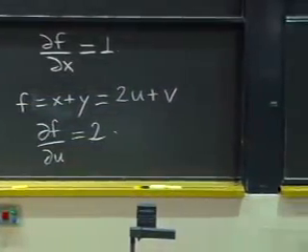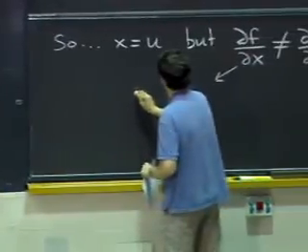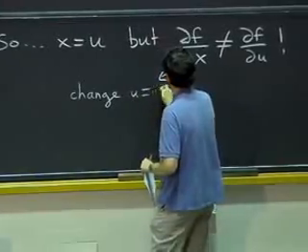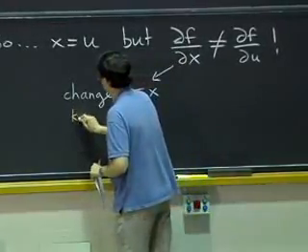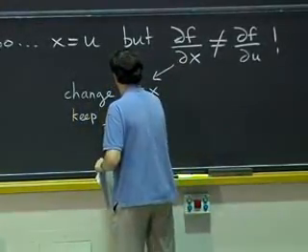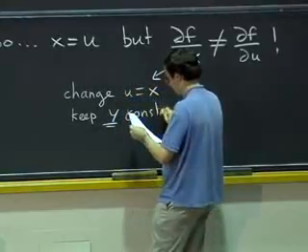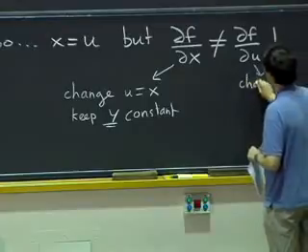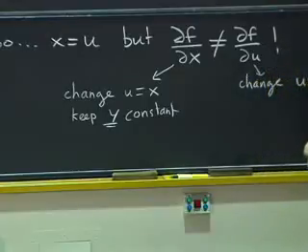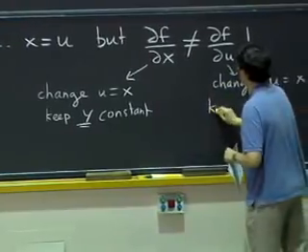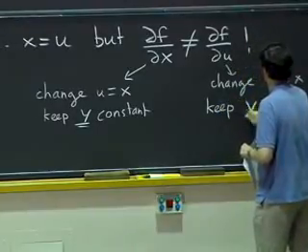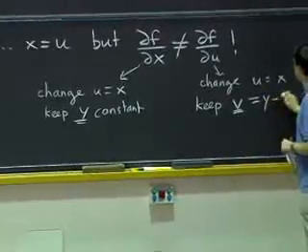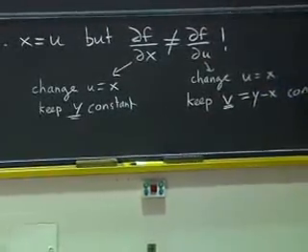Just to write things: here we change u and x, they're the same thing, but we keep y constant. While here we change u, which is still the same thing as x, but what we keep constant is v, or in terms of x and y, that's y minus x constant.